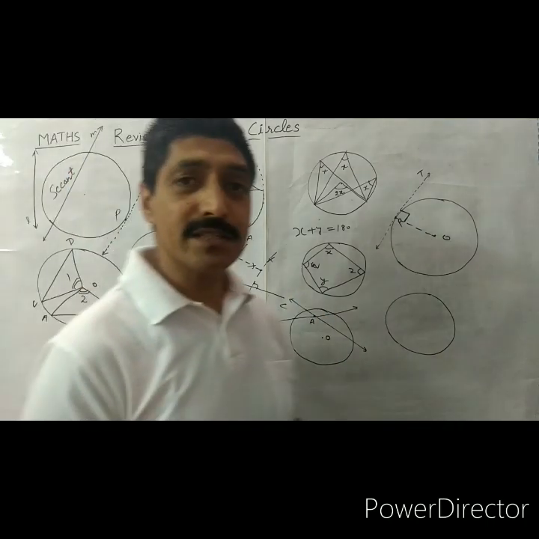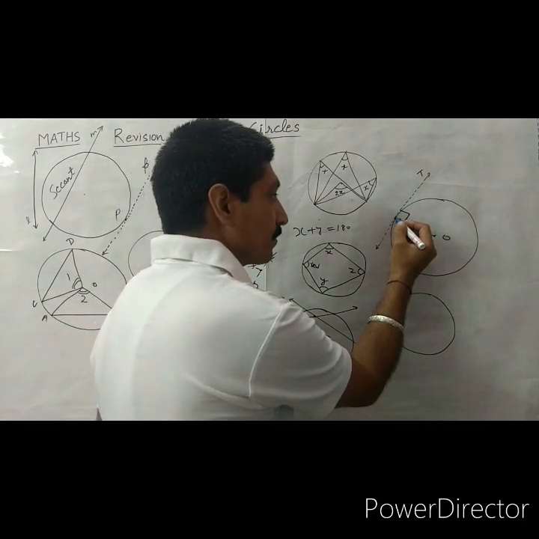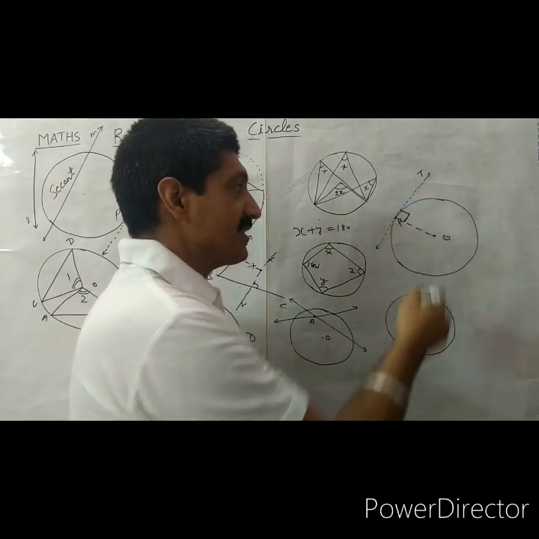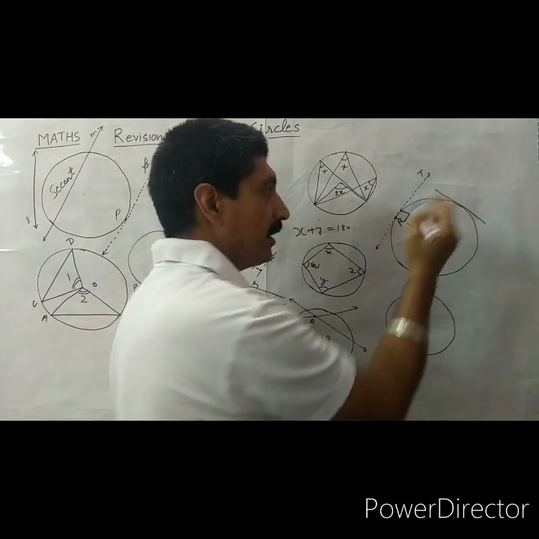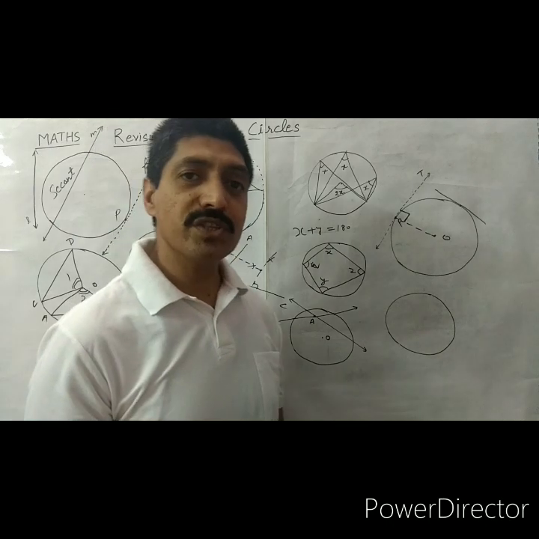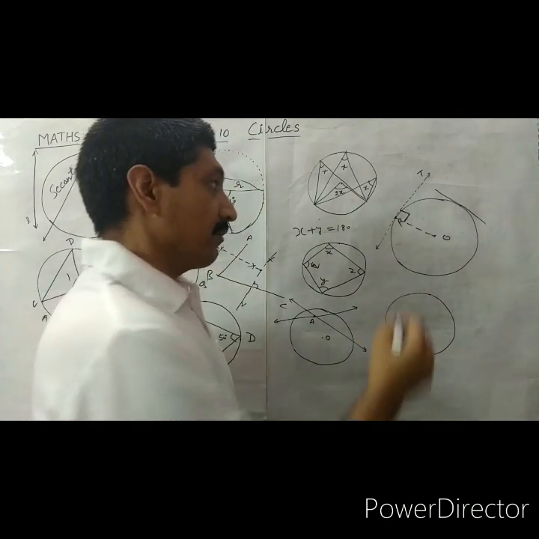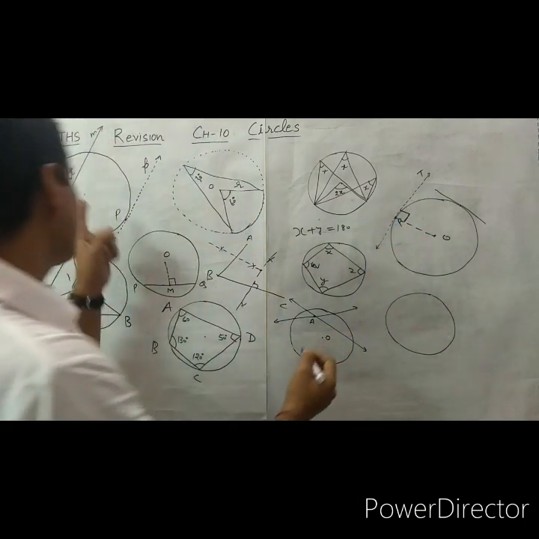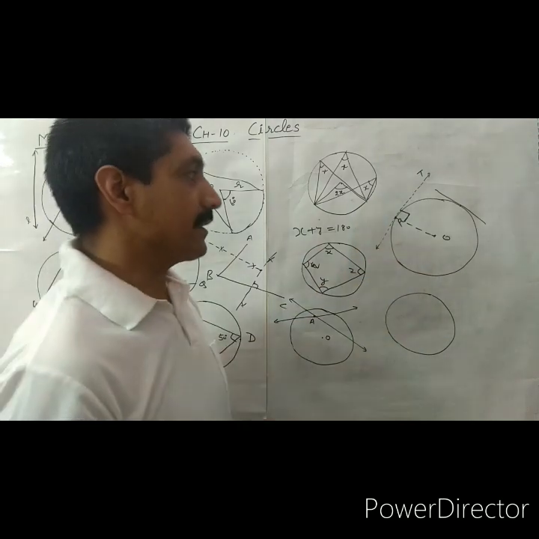Now second case, if a point is on the circle, we have one and only one tangent which can pass through that point. We have discussed also that a tangent is a special case of a secant.